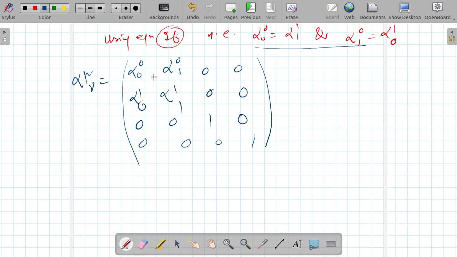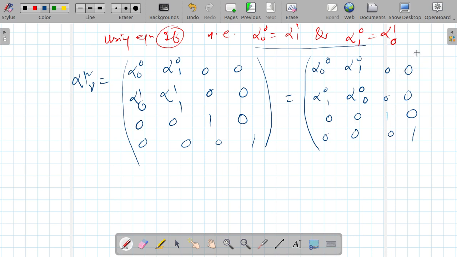So if I use this in this case, then it will become alpha 0 0, alpha 0 1, alpha 0 1, alpha 0 0, 0 0 1 0 0 0 0 1, right?